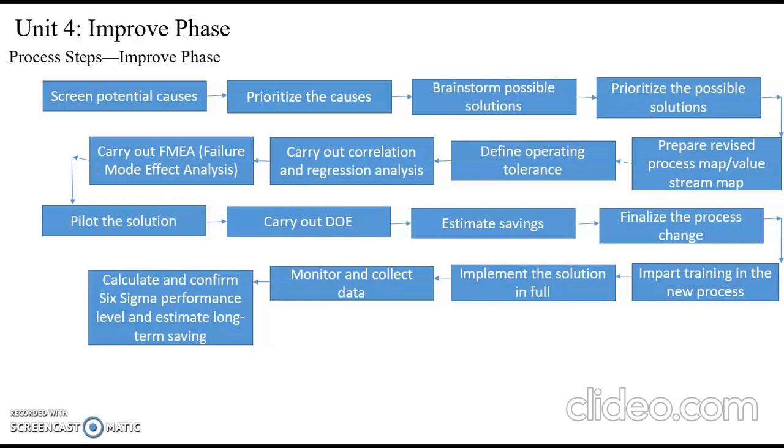In the next step, you should carry out DOE, that is design of experiments. In this design of experiments, we try out different solutions. This is a statistical method where it is designed how many times to carry out the test and in what sequence we will test in DOE.